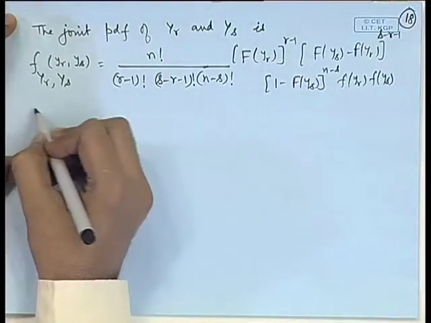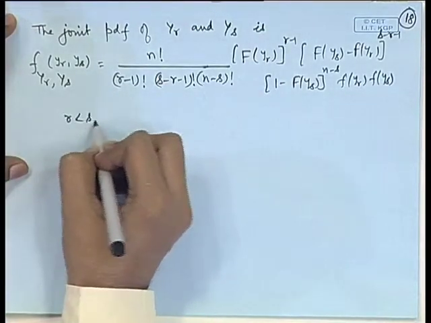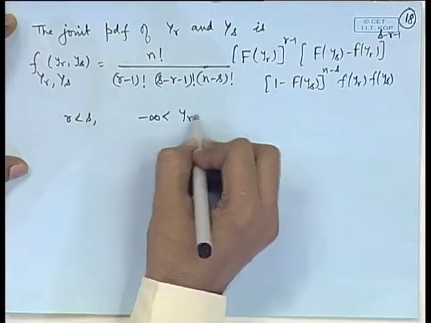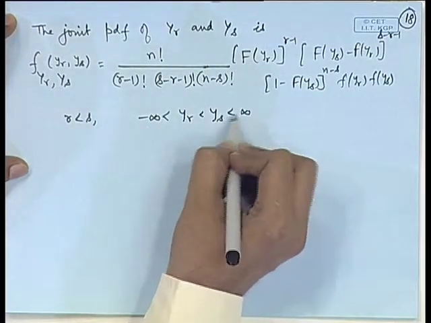Here I am taking r to be less than s, so y_r will be less than y_s.